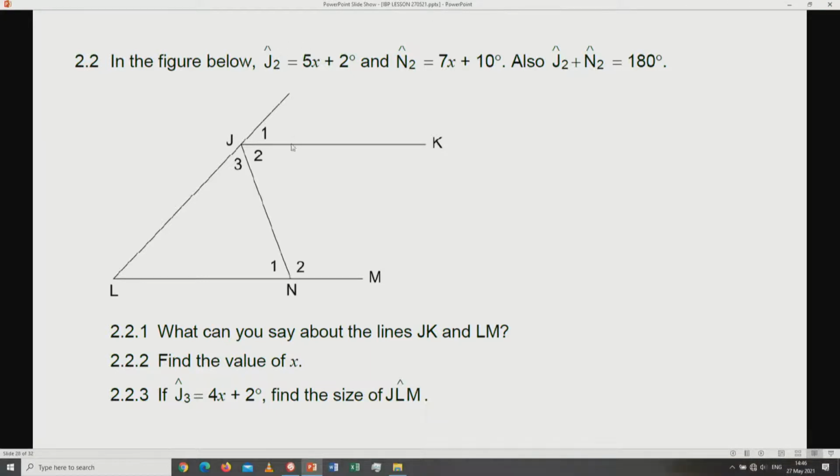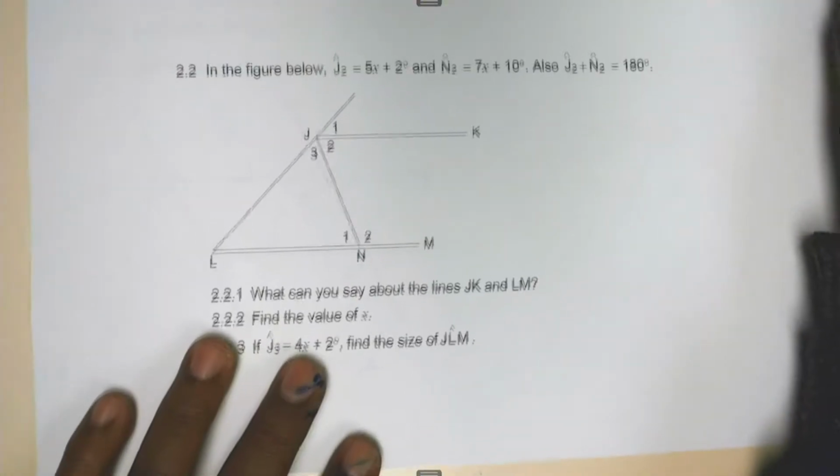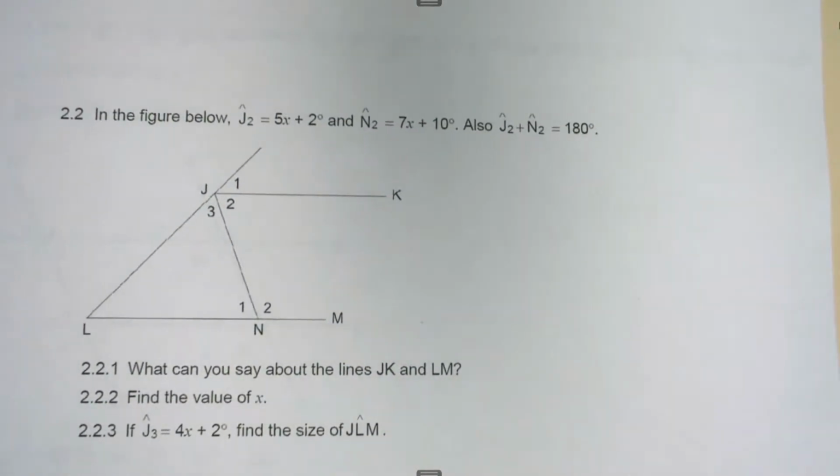J2, you are told, is a given. You are also told N2. Also told that J2 plus N2 equals something. So again, like I said, read everything.